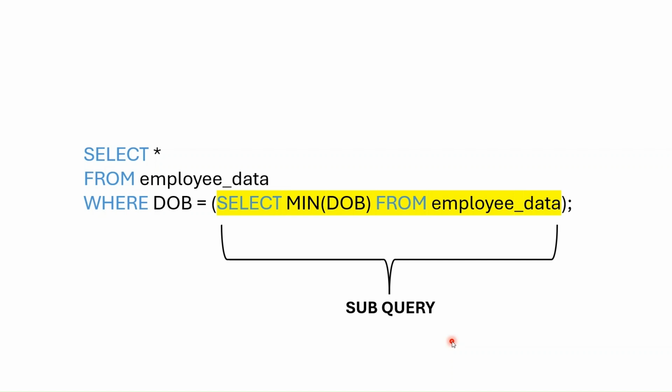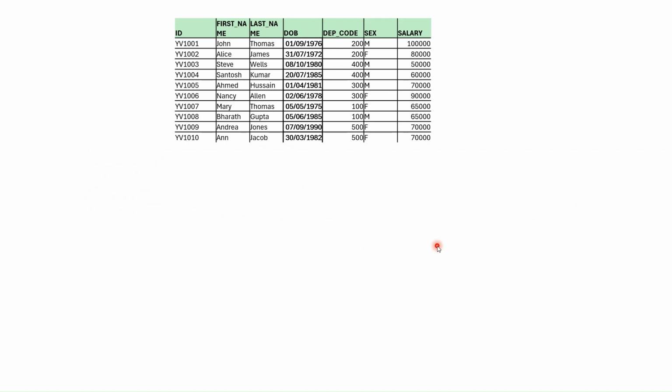Let's go ahead and expand exactly what's going on in that subquery, particularly with the minimum function and what's going to happen when this subquery runs to completion. So we have our table: ID, first name, last name, date of birth, department code, sex, and salary. And we now have in the query the minimum function, which is going to find the minimum value in an array.